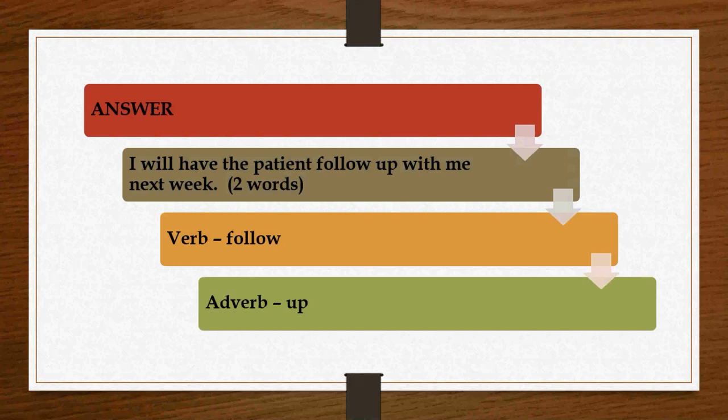Follow is the verb, and the adverb is up. So it would be 2 words. You guys seem to have this, but many students use this rule: if you can substitute the word eat, and it fits, like in this instance, I will have the patient eat with me, and it makes sense, then it's going to be 2 words. Otherwise, it'll be 1 word.